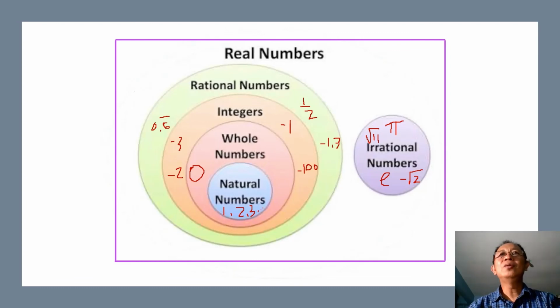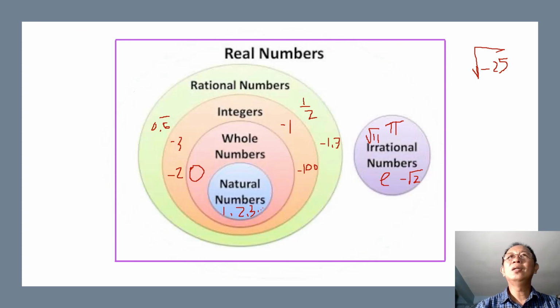Sir, saan po dyan yung non-real number? So, yung mga non-real number dito, square root of negative 25. Non-real number to. Kaya nagpapanggap lang siya na number, kaya nasa labas siya.